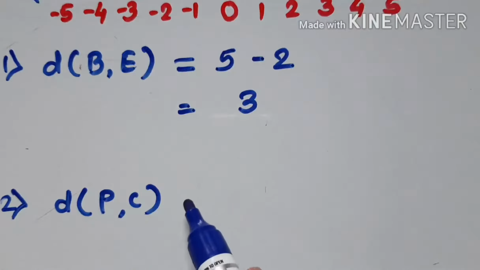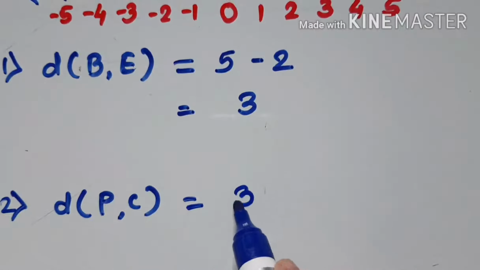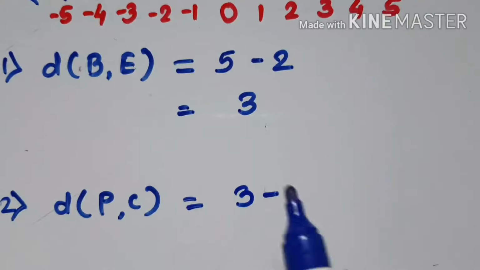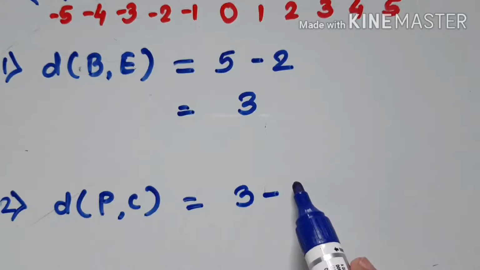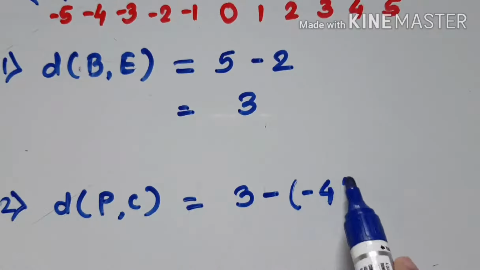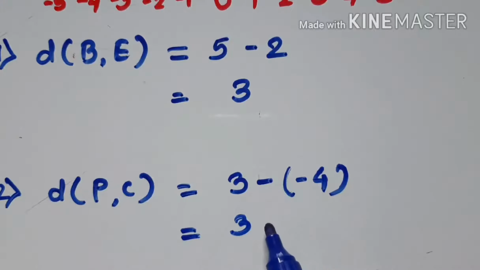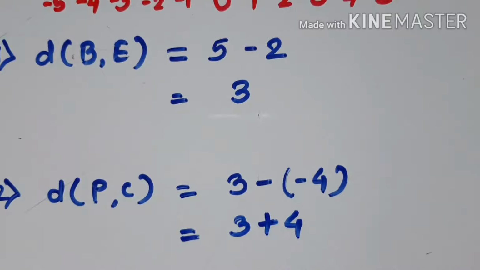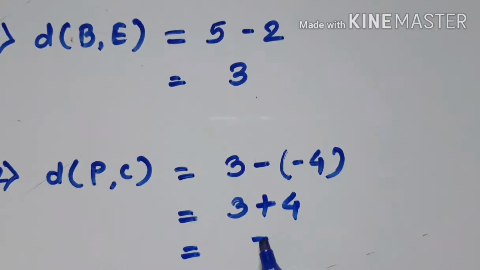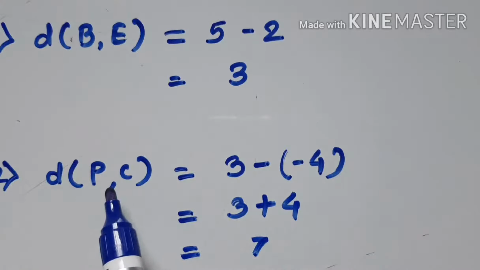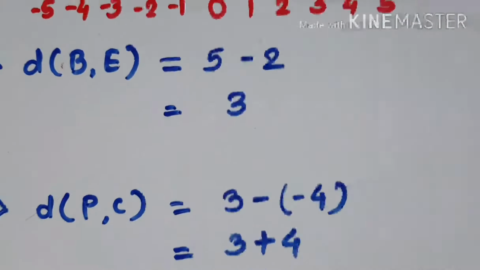So to find the distance PC, we have to subtract -4 from 3, that is 3 minus (-4). As -4 is a negative number, it should be taken in brackets. That is equal to 3 minus minus, which will become plus 4, which is equal to 7. So the distance PC is equal to 7 units.